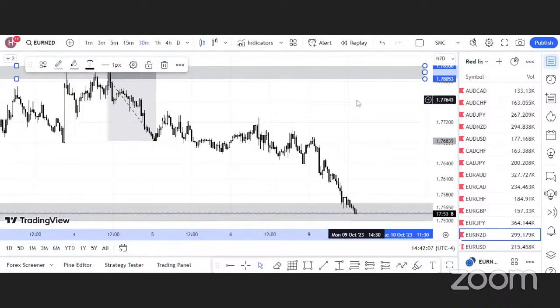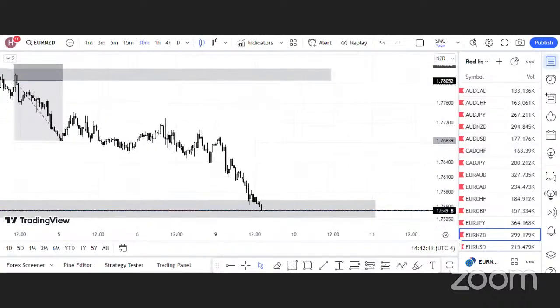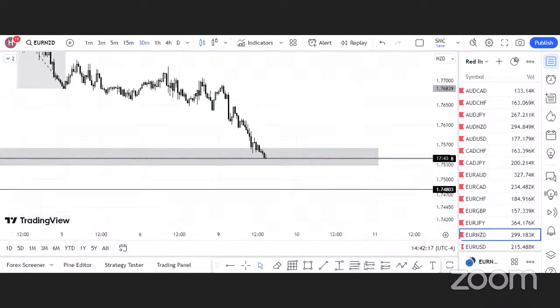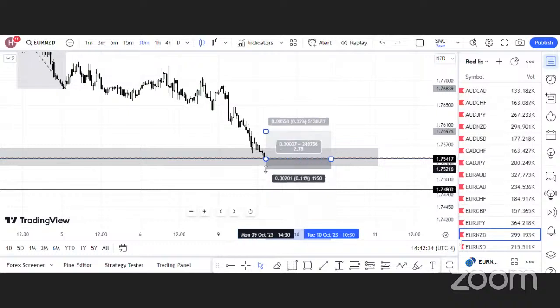All right, and then my stop loss and take profit also depend on the market. So I want to buy, so maybe this is where I set my buy limit. My stop loss can be right below my support area.